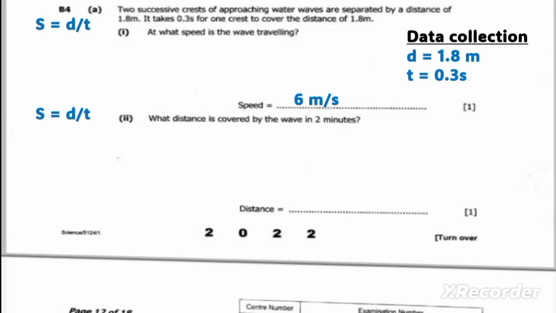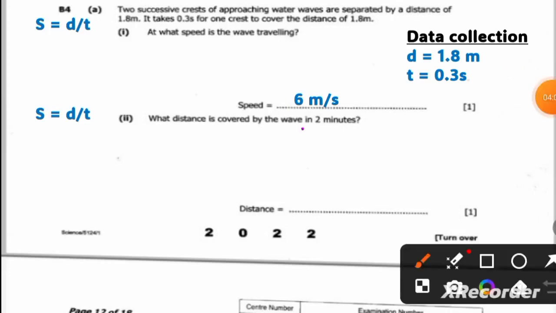So what have we been given according to question A? We are given time, which is 2 minutes. What else have we been given?